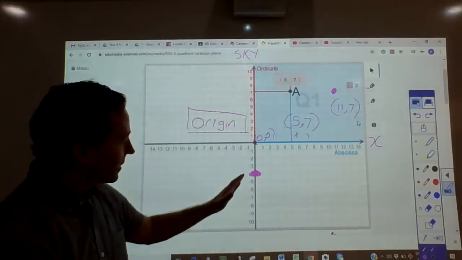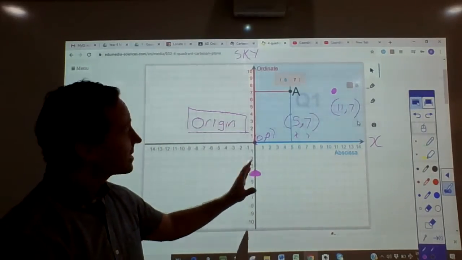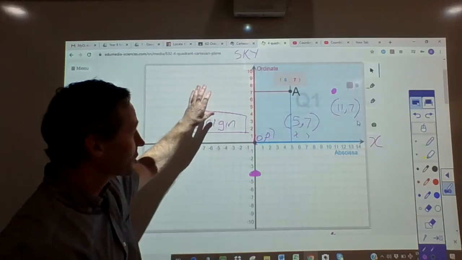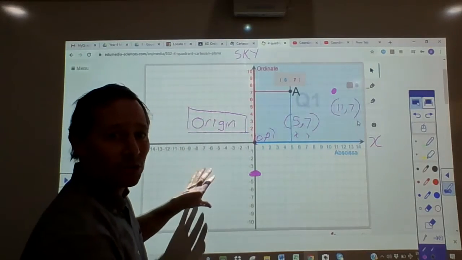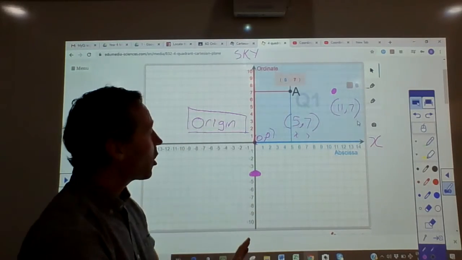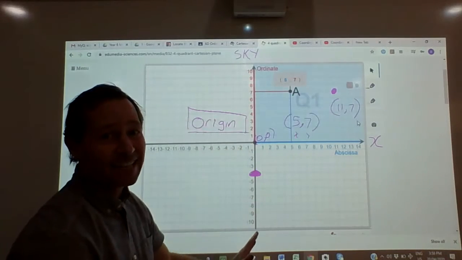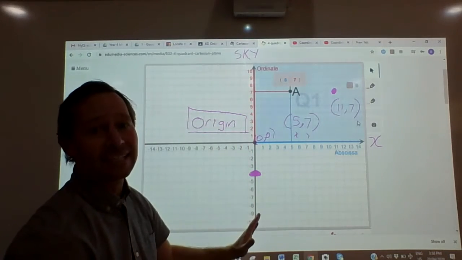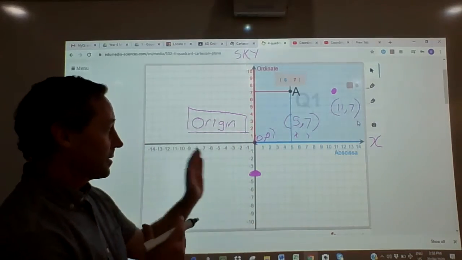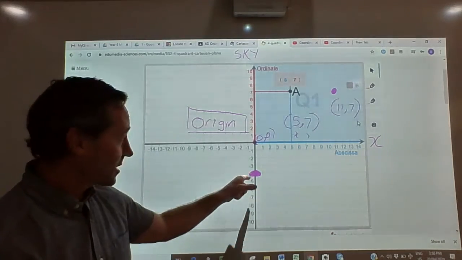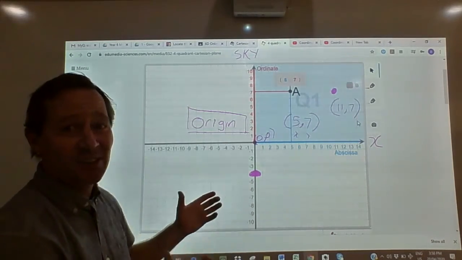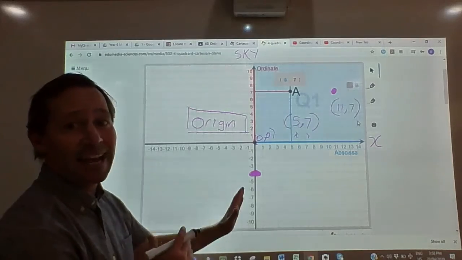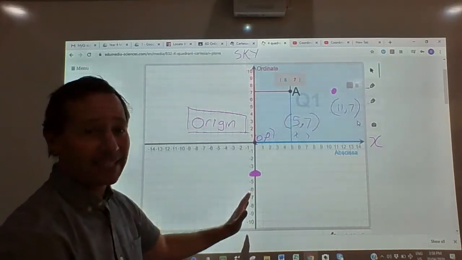That one there, it's not in quadrant 1, it's not in quadrant 2, and it's not in quadrant 3 and 4. It's actually on the, what axis is that? It's the y-axis. So if you ever get given, which quadrant is this in, it's actually not in a quadrant. Okay, it's on the axis. This one's on the x-axis.